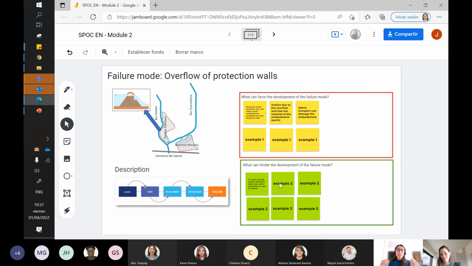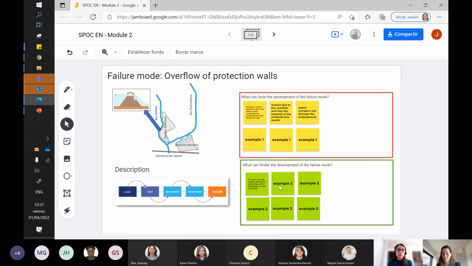Yes, so if the design already considers that we are going to place the parking lot closer to the area that is most exposed to floods, then that's a good example of what can hinder the failure mode. But if we want to propose that, it's going to be a different thing.